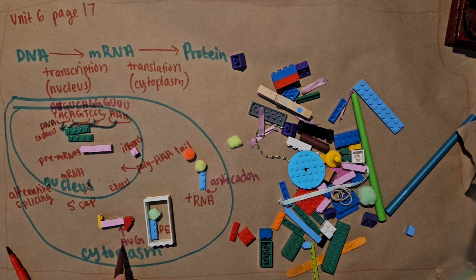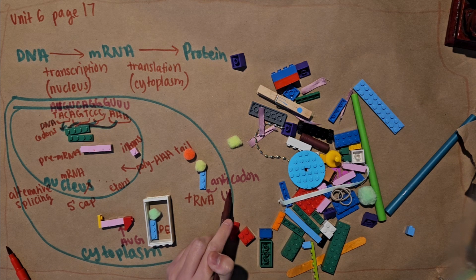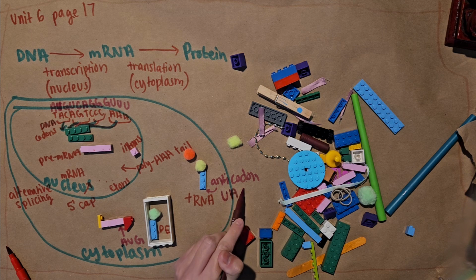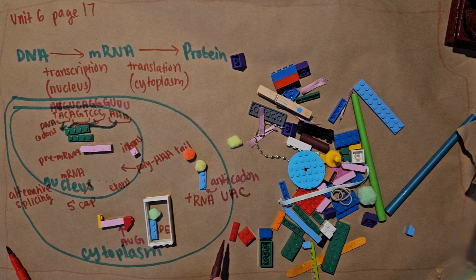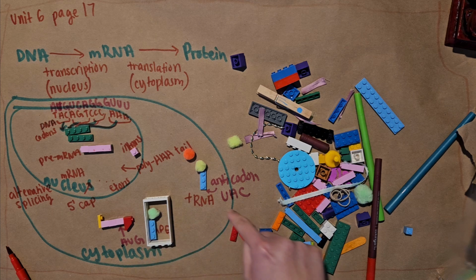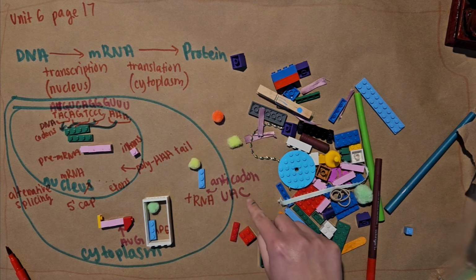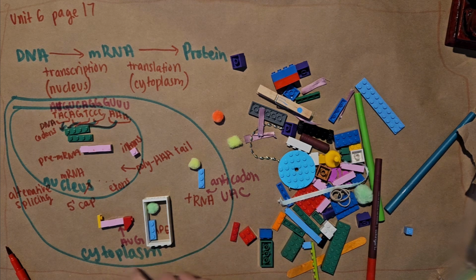Then AUG is going to be complementary to the anticodon UAC. So that's how you know exactly which tRNA is going to go down. It's going to be the tRNA with the anticodon UAC that's going to go down.